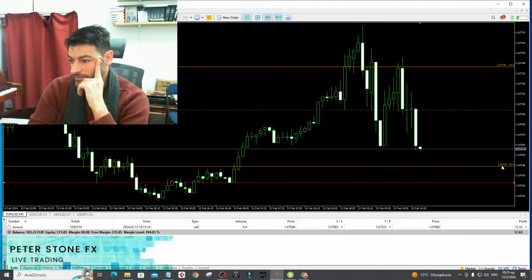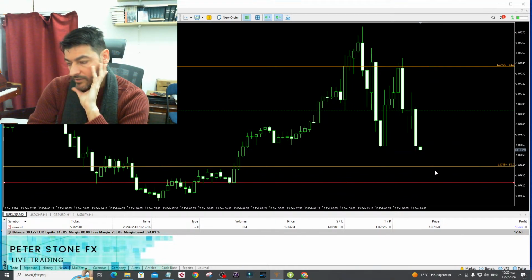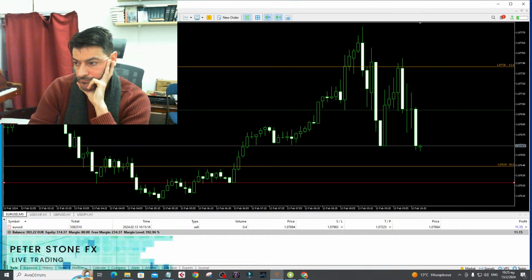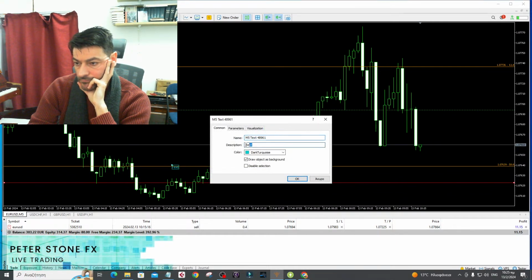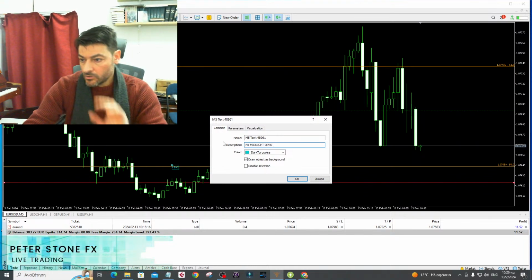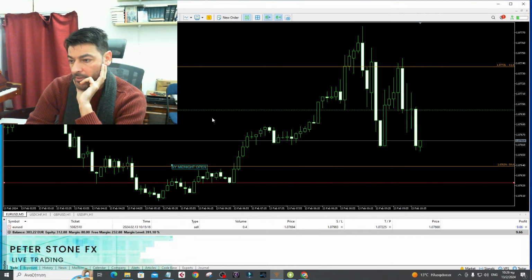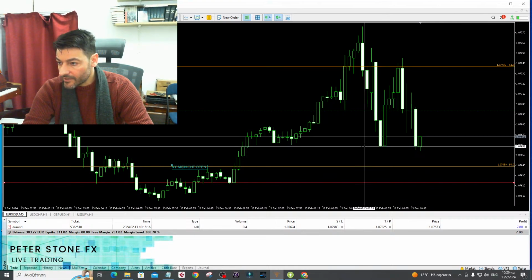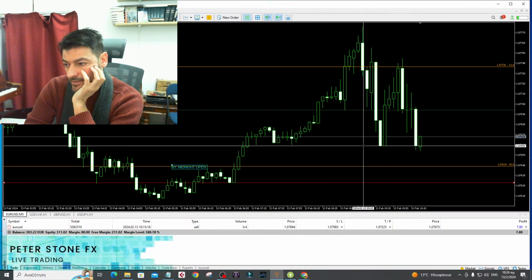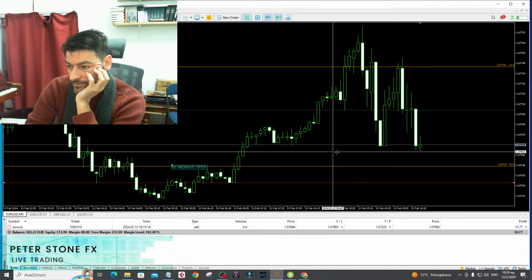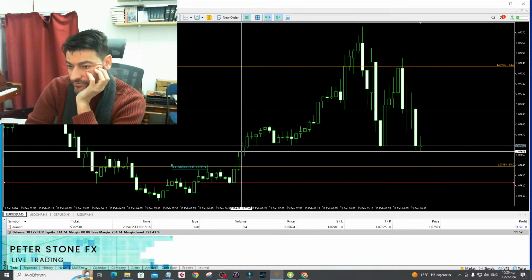So we have the 50% level. I should have even more size, but okay. So for me, the New York Midnight Open every day is a target. So here we have the bodies creating equal lows with this area exactly, and this week just hit this fair value gap.